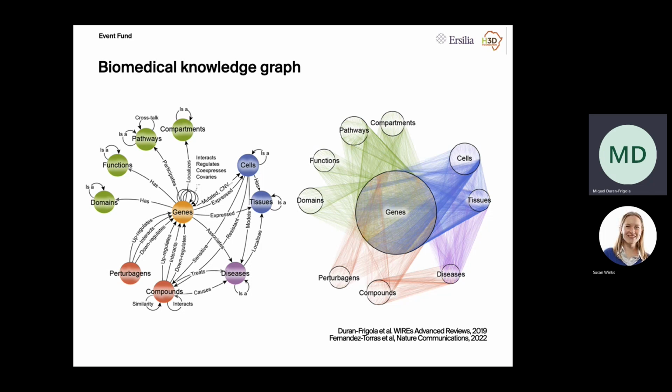So how many edges? Each edge would be like an experimental point associating, for instance, a compound with a protein or a gene with a disease. How many edges do we have today? Today, in a database like that, we have about 110 million edges. So there's a lot of information that we have been gathering over the years.